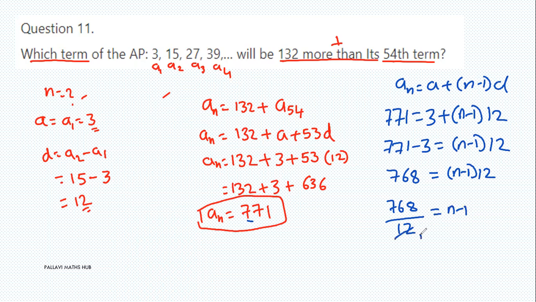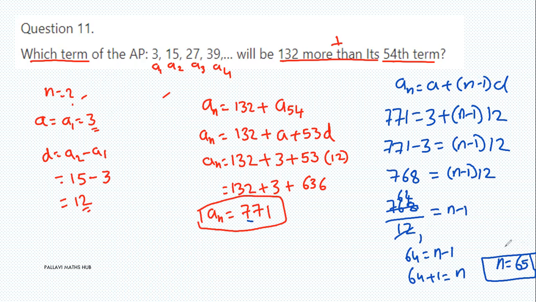Now cancel this. 12 times 6 is 72. The remaining is 48. 12 times 4 is 48. So we'll get 64 is equal to n minus 1. Okay, 64 plus 1 is equal to n. Then n is equal to how much? 64 plus 1 is 65. So which term? You needed to find n. So the value of n is 65.